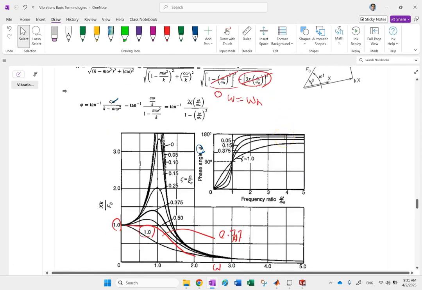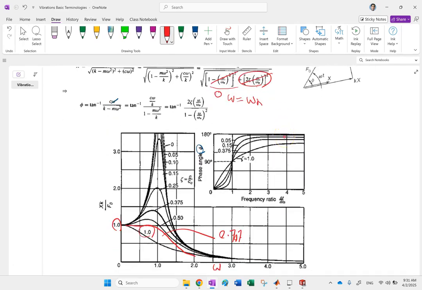Now for the phi, if you look at the phi plot, what kind of results are we supposed to get? When omega over omega n is going to 0, very small excitation frequencies, this is going to be 1, this is going to be 0, so you get tangent inverse of 0, which is 0. So all curves should start at 0.